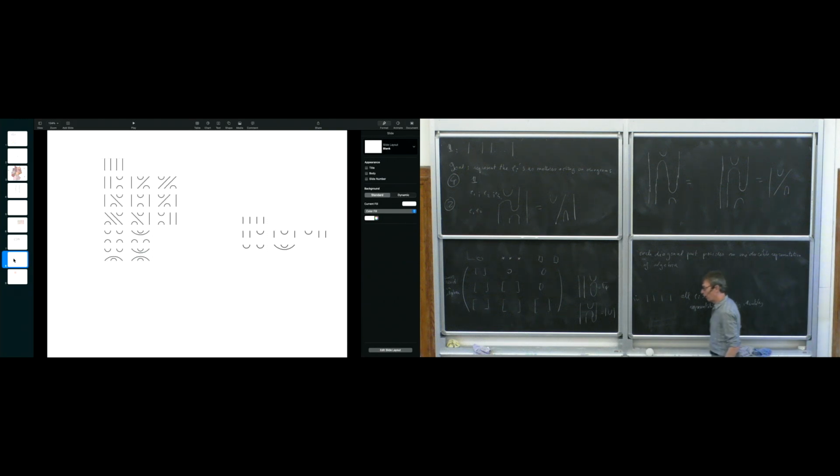It is a trivial representation where all the EIs are 0, they satisfy EI squared is square root of q EI, and so on and so forth, but they are otherwise trivial.